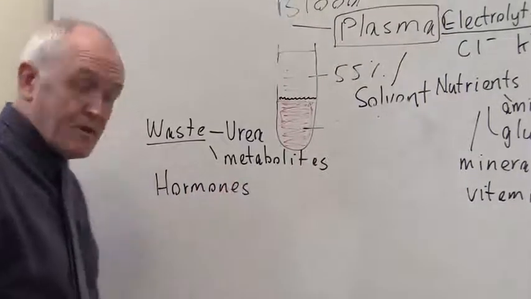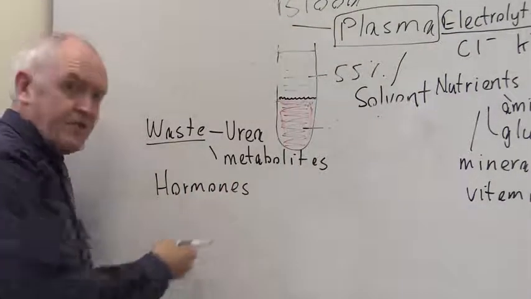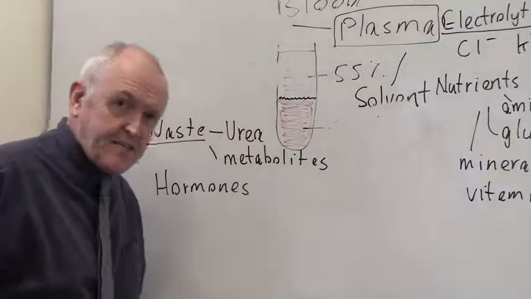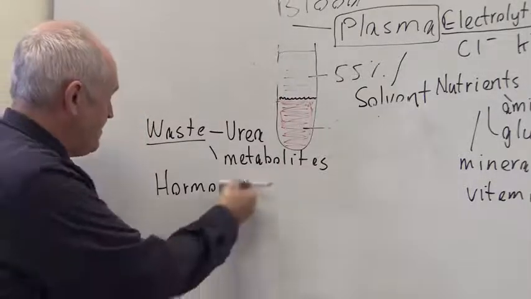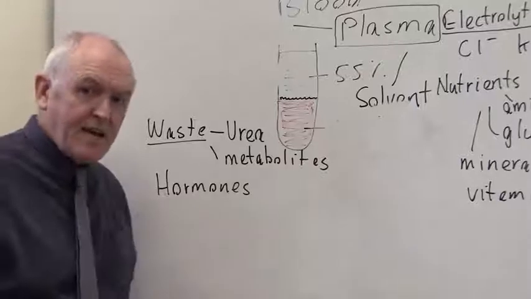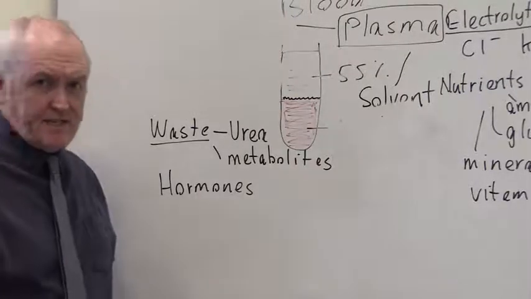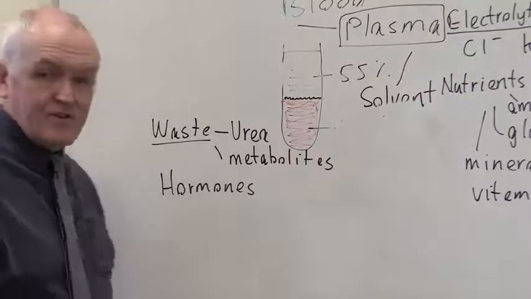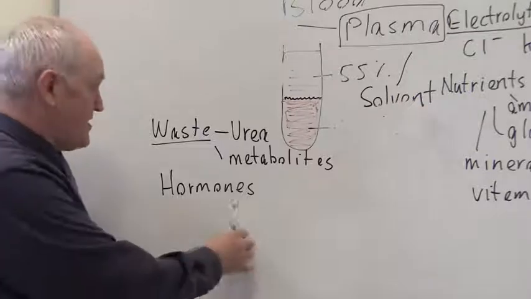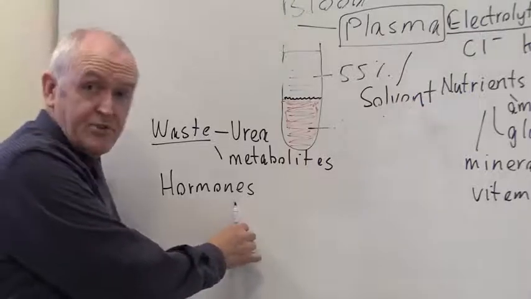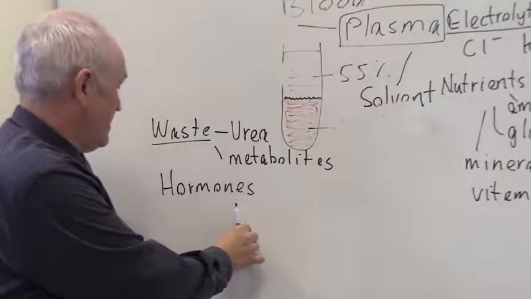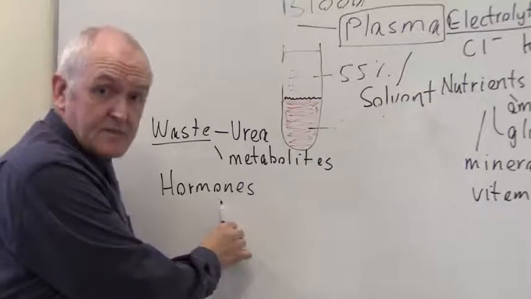Now, the plasma also contains the endocrine hormones. A hormone is a chemical messenger. It's produced by an endocrine gland. It's carried in the blood from the endocrine gland to its target tissue. And of course there are many of these. You might think of insulin, produced in the beta cells of the pancreatic islets.